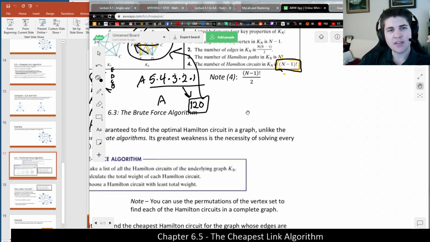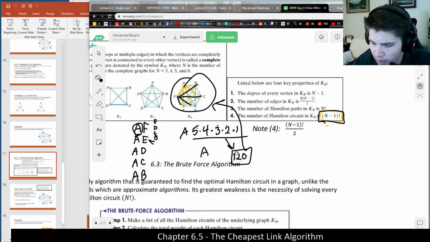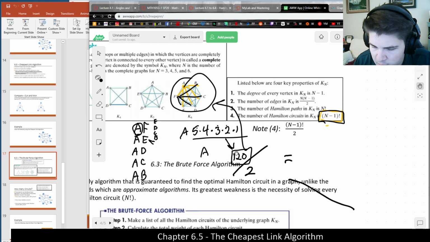As a side note, if we look at all those 120 circuits, half of those are going to be duplicates, because as we run through every permutation, like for example A, B, C, D, E, F, A, each one of those would be duplicated by the reverse circuit A, F, E, D, C, B, A. So if you want to know the maximum number of uniquely costed options, that would just be that divided by 2, which would be 60.